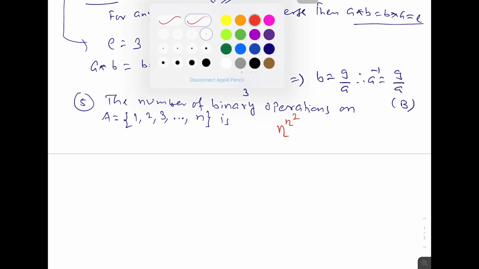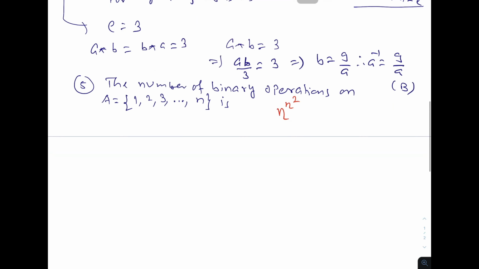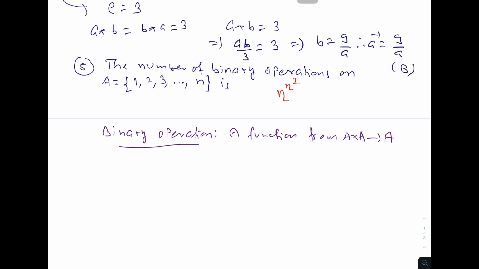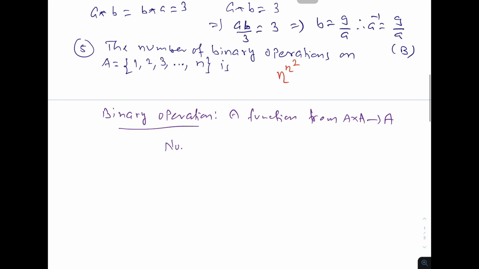It is not difficult to understand, because we know that a binary operation is basically a function from A cross A to A. We also know the formula for how many functions there are from a set A to B, and now we call it binary operations.